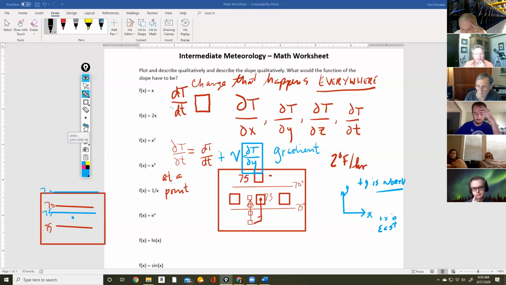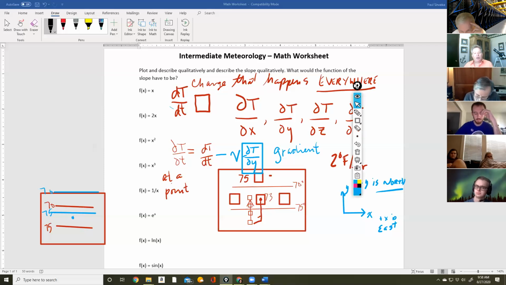So the formula is actually going to say this. It's going to be minus this. So minus v dT/dy. Negative dT/dy would be it's getting warmer?